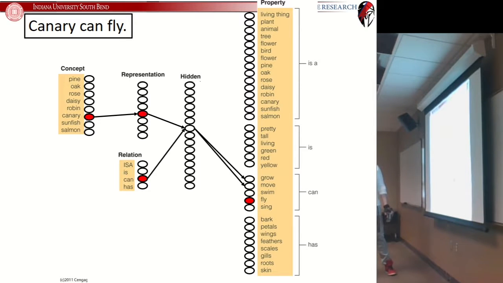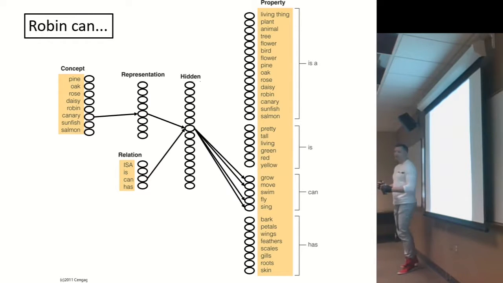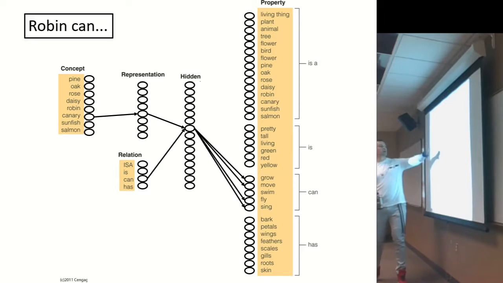So we can continue to have these representation and hidden units and build these things that we know about canaries. So a canary can sing, we continue to build those connections. All right, now, what about robins? So now we have robins. And we want to make sure that we can also activate robin information when we come up with a phrase like robins can.